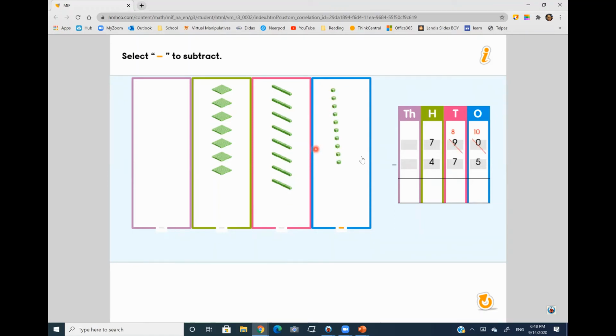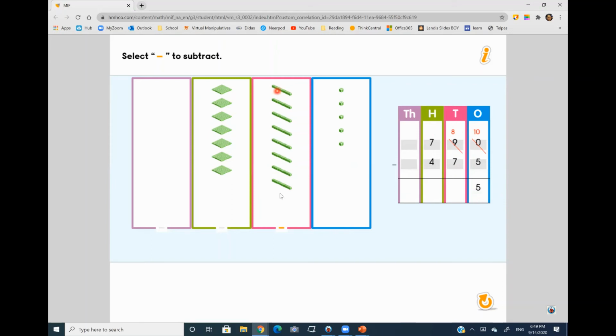Now, when we do that, we don't have 9 tens anymore. Now we have 1, 2, 3, 4, 5, 6, 7, 8. So we substitute the 9 for the 8, and then we have 10 ones. Now we're going to take 5 from 10, and we're going to have only 5 left. Now let's see the tens.